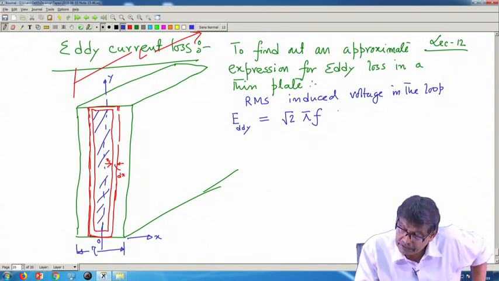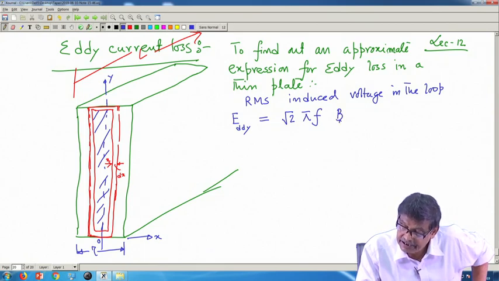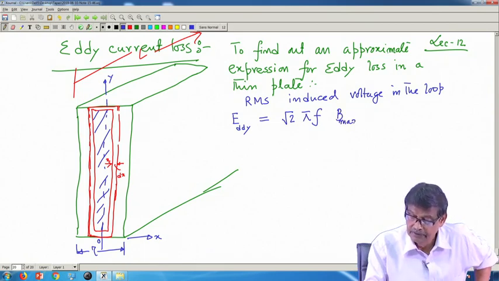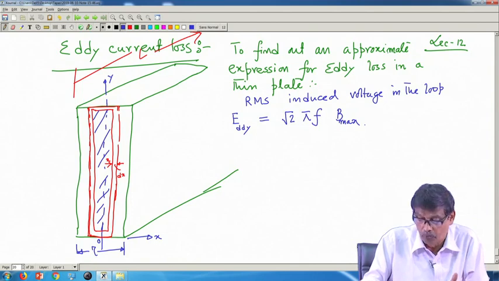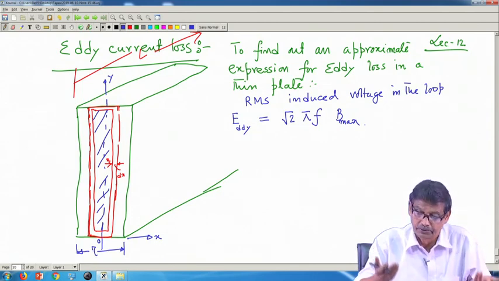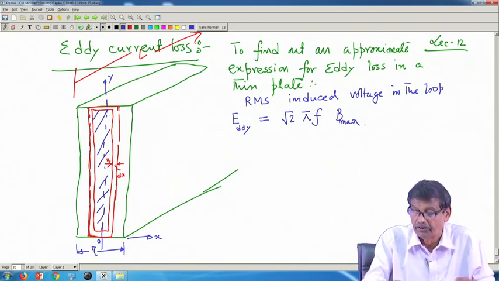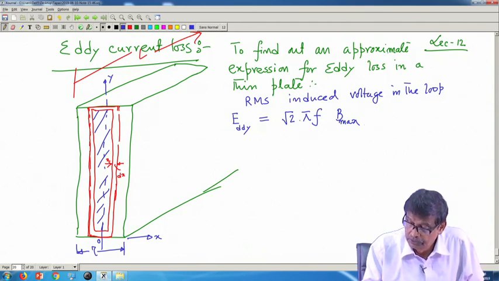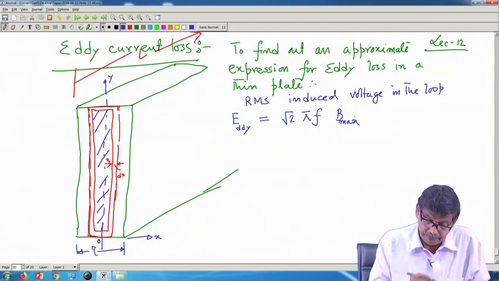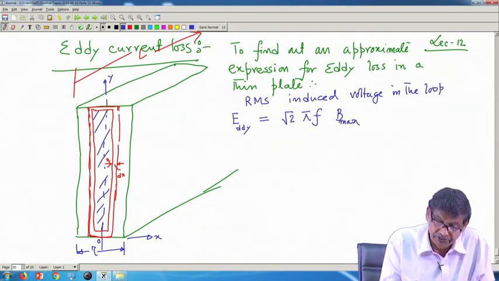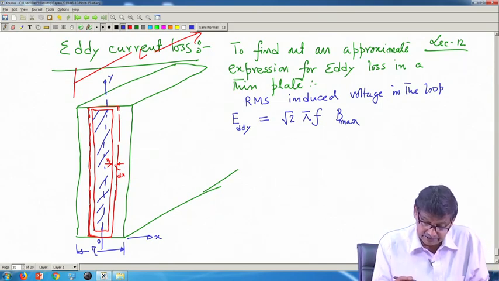That flux enclosed in the area can be written as B max, which is calculated over the whole cross sectional area, so root 2 pi f B max into the cross sectional area, that is this blue hatched area. What is that area?